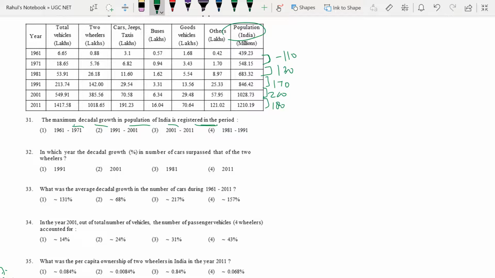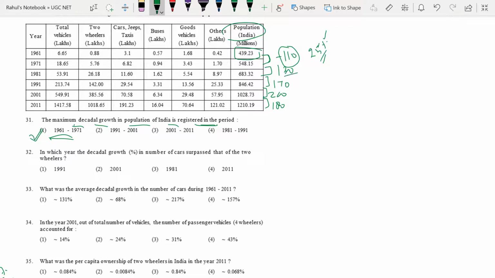So the maximal growth, if I will see maximal growth now, maximal growth is in the 1961 to 1971. Why? Because if I will compare 110 with the 439, then it can be like more than 25%. More than 25% growth is there in this decade as well.